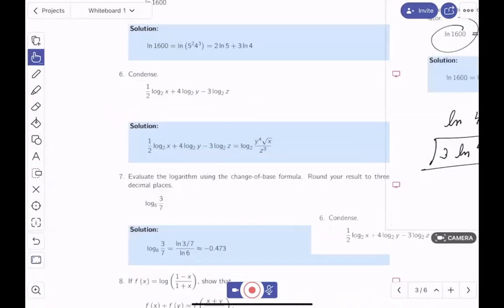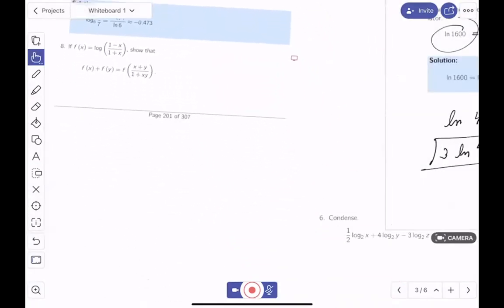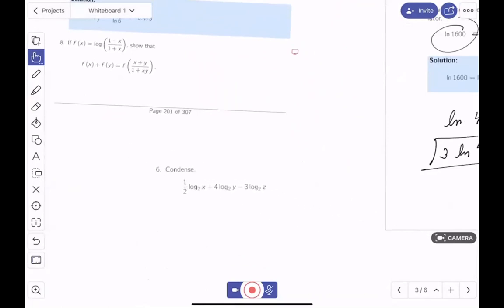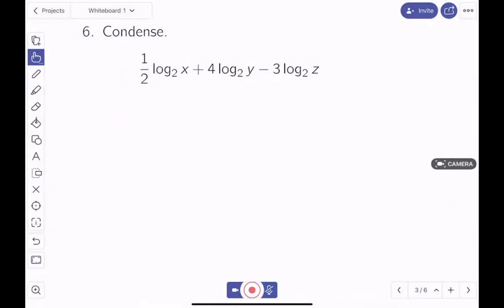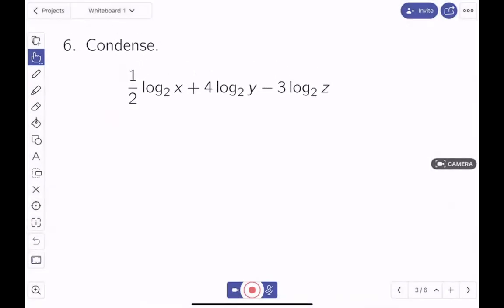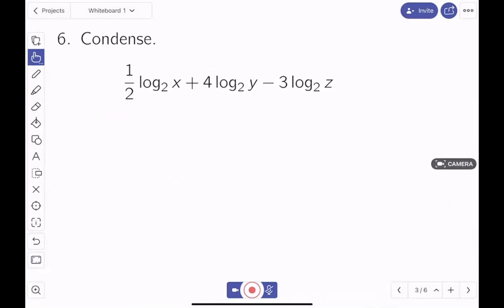Pull it on the side. And what I'm going to do, communicate to you, is what they're asking me to do. And what they're asking me to do is they're asking me to rewrite this guy. They want me to condense them one step at a time. So take the first term.